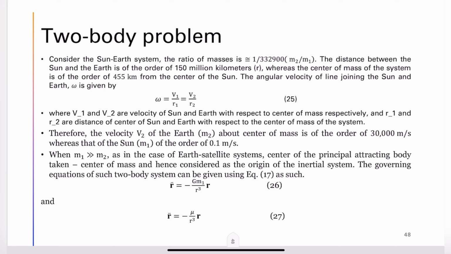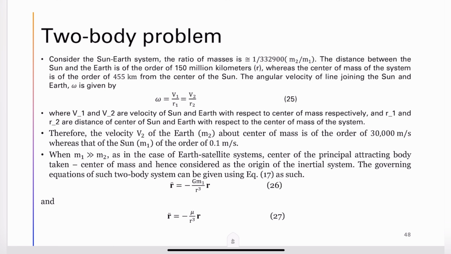Therefore, the velocity v2 of the earth m2 about the center of mass is on the order of 30,000 meters per second, whereas that of the sun is on the order of 0.1 meter per second, which seems almost stable.